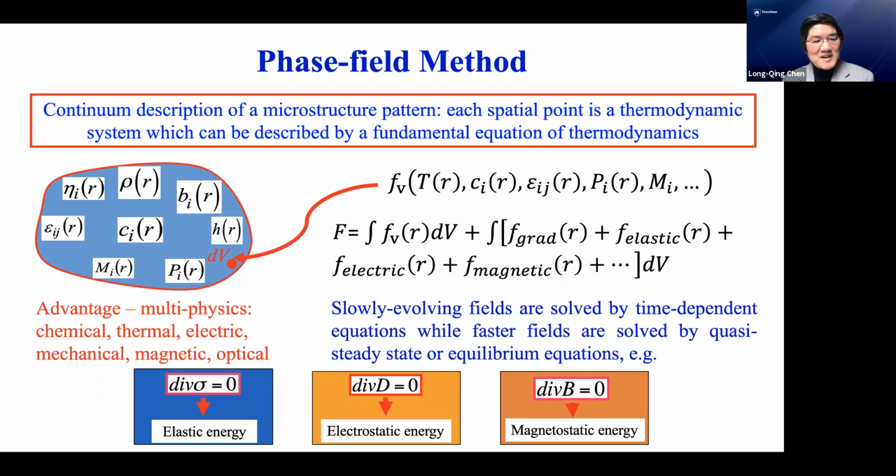One of the main advantages is that you automatically couple different contributions to the thermodynamics of microstructures. This can be chemical, thermal, electrical, mechanical, magnetic, for example, so that you can incorporate all these different contributions in the same model.